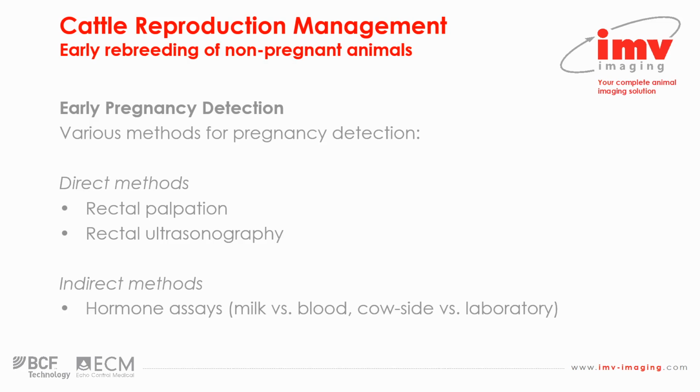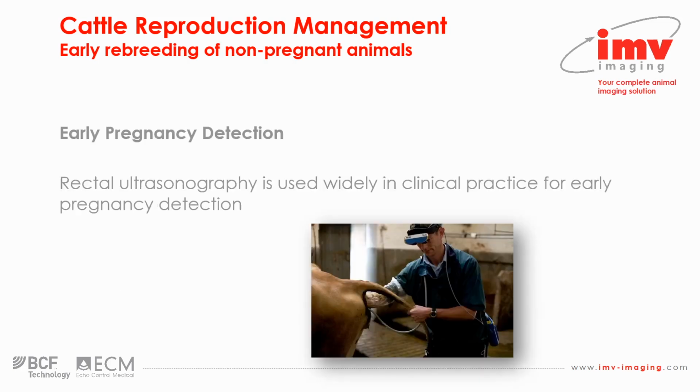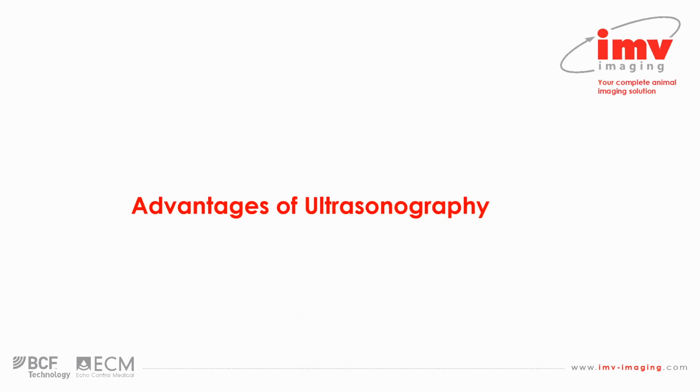And then indirect methods are essentially hormone assays, and they can either be performed on milk samples or blood, and they can either be cow side or laboratory based. Rectal ultrasound is now very widely used in clinical practice the world over for early pregnancy detection. But what are the advantages of ultrasonography over some of those other tests or test techniques available?